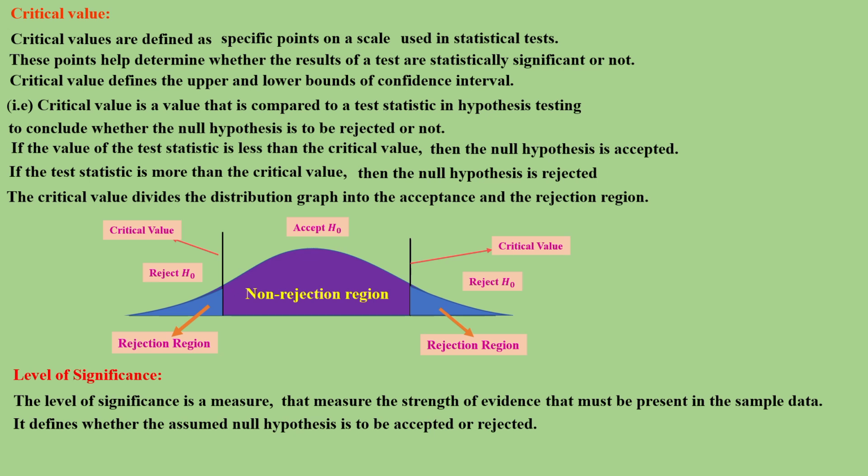It is denoted by alpha. The common levels of significance we use in problems are 5%, that is 0.05, or 1%, 0.01. In rare cases we use 0.10, that is the 10% level. The level of significance is the probability of rejecting the null hypothesis when it is actually true.